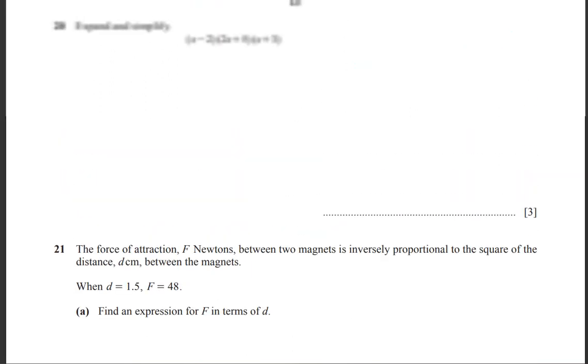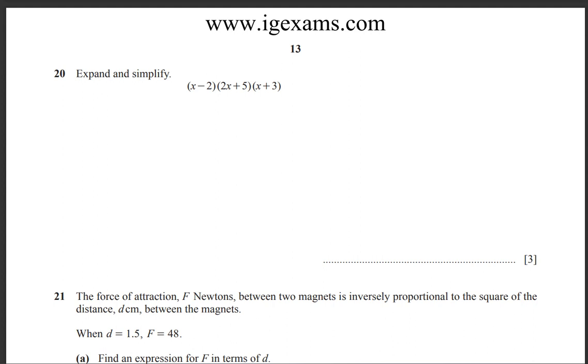Expand and simplify. Okay, it is what? (x minus 2) multiply (2x plus 5) multiply (x plus 3). I can multiply any two brackets, then multiply it by the third bracket. For example, I will take these two brackets here.